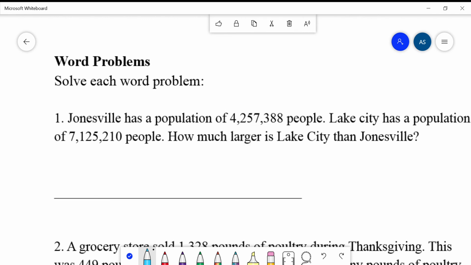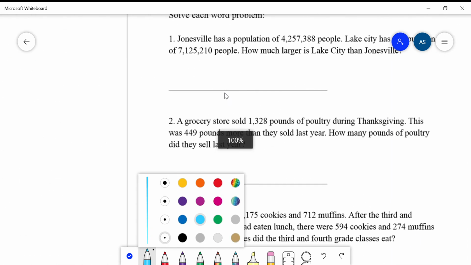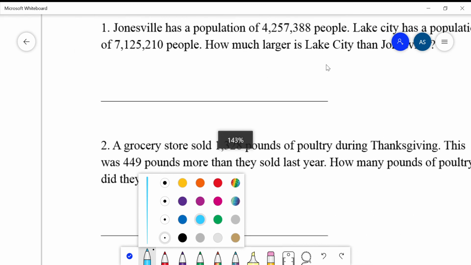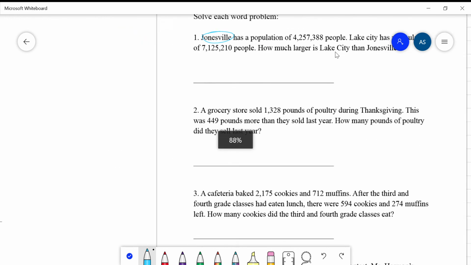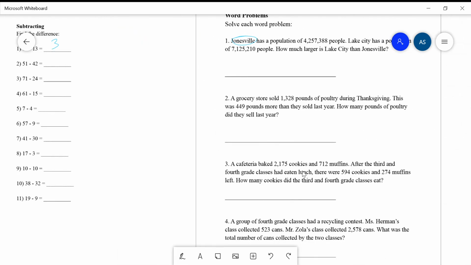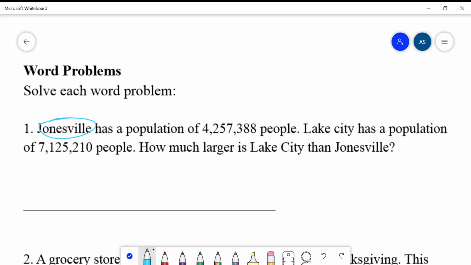Okay, and so this is Jonasville, right? Jonasville has a population of 4 million, right? Big population.